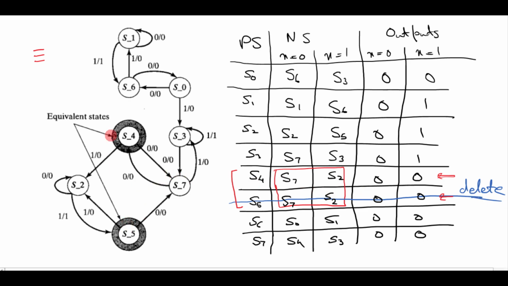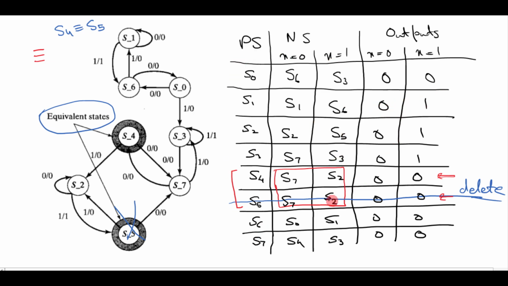So, as also mentioned in the state transition graph, S4 and S5 are equivalent. You can delete this state S5. After deleting this row or equivalent state, which you can represent like this, S4 is equivalent to S5. After deleting this row S5, or state S5, you have to check the remaining state transition table and check if there is any dependence of these present states on the deleted next states.